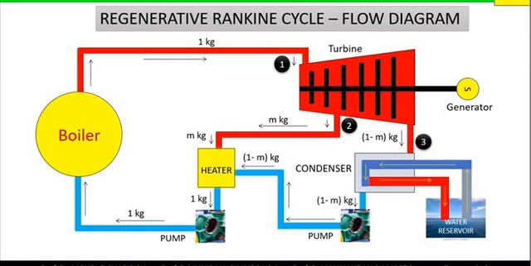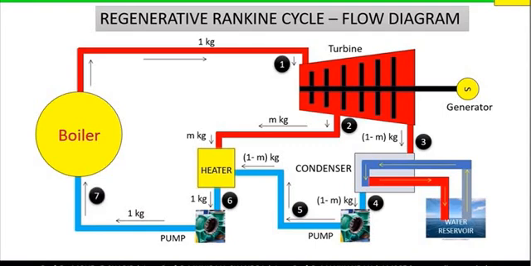Point number 3, where the remaining part 1 minus m kg of steam leaves the turbine. Point number 4, where the water comes out of the condenser. Point number 5, where the water is supplied to the heater. Point number 6, the state where the water leaves the heater. Point number 7, where the water is supplied to the boiler.